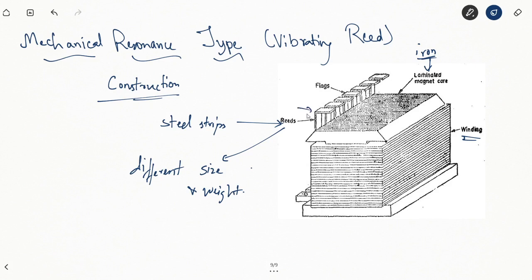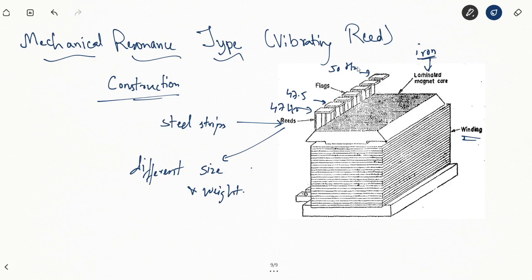Say for example, the natural frequency of oscillation of this reed is 47 hertz. In that case, the next reed will be vibrating at 47.5, then 48, 48.5, 49, 49.5, and this one can be vibrating at a natural frequency of 50 hertz. So construction wise, simply there are steel strips known as reeds placed alongside an electromagnetic iron core that's laminated also and carrying the windings.